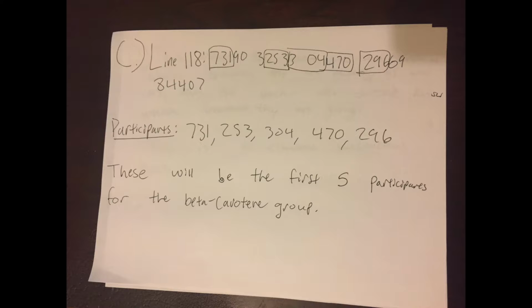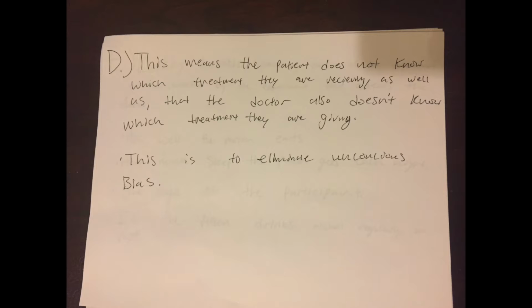So I got 731, 253, 304, 470, and 296. These will be the first 5 participants for the beta-carotene group. Not sure how to say that word.